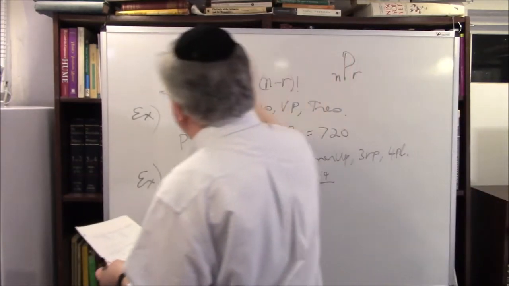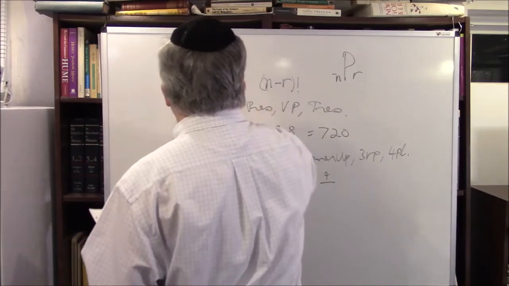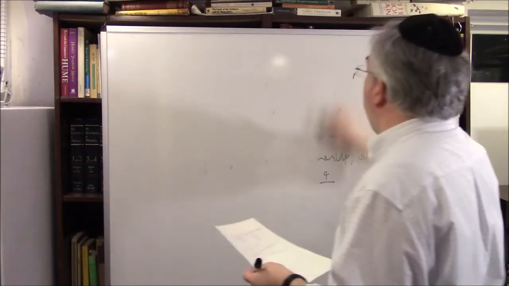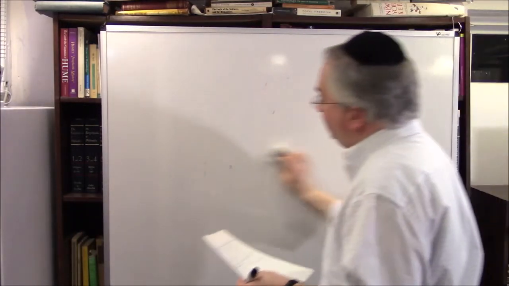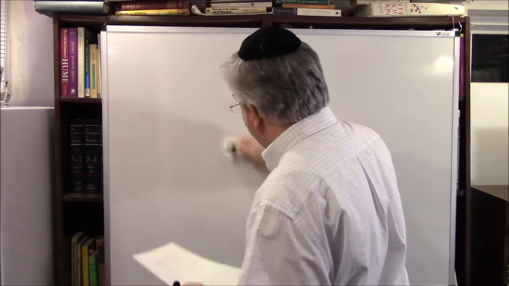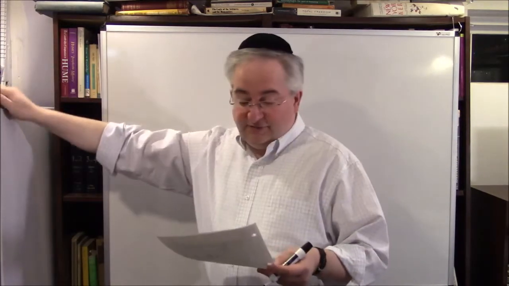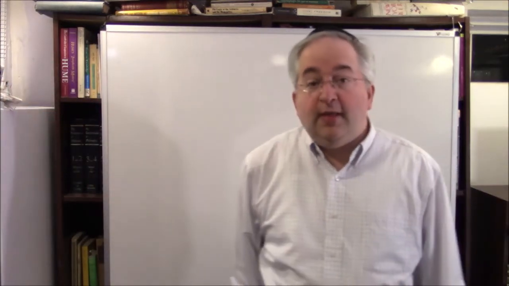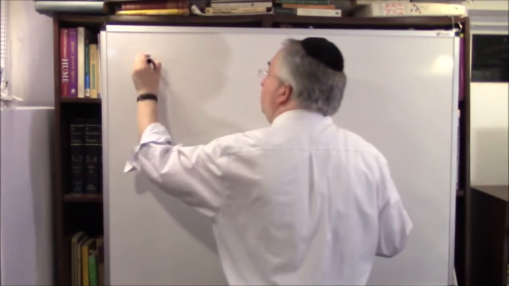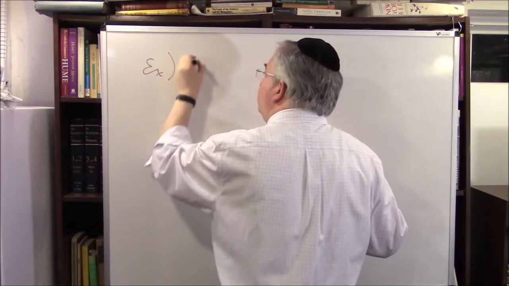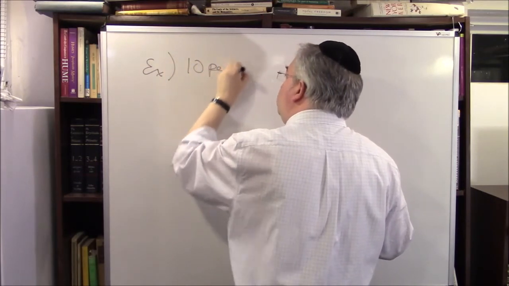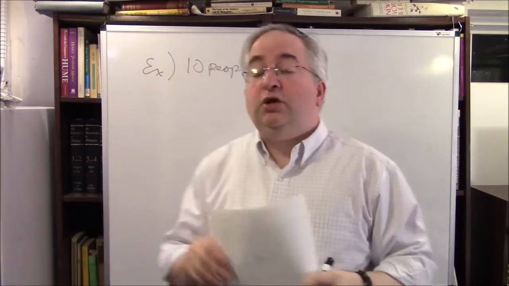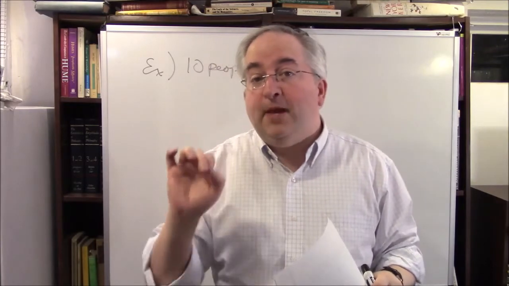Good. Now, in contrast to this, where I chose a president, a vice president, and a treasurer, I can ask the following question. If I have 10 people in a club, and I want to choose a 3-member committee.